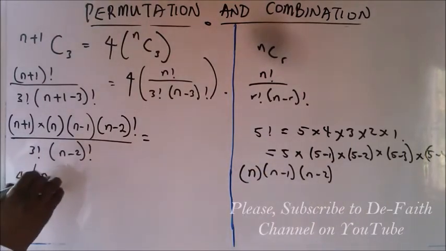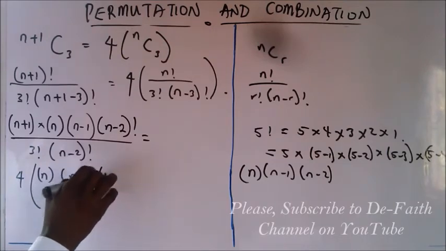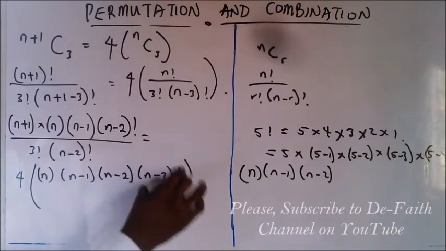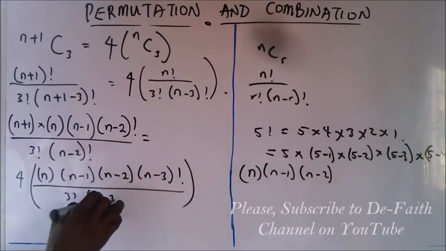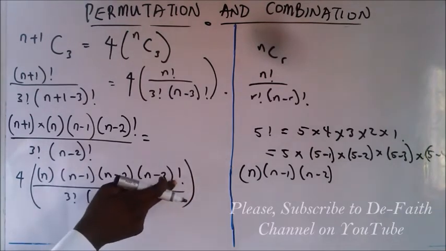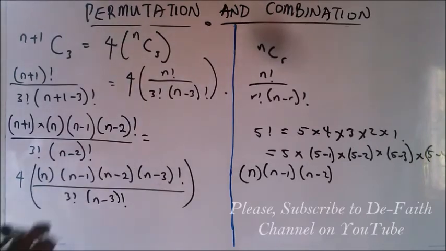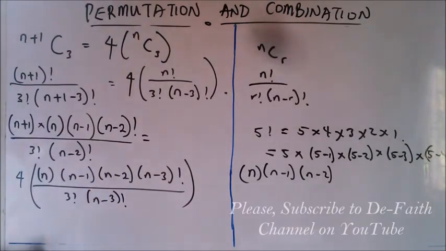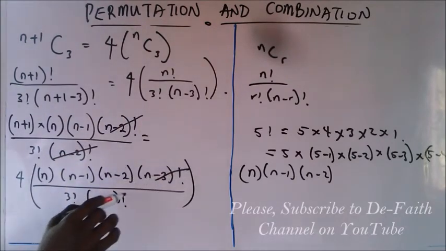So we have n times (n minus 1), (n minus 2), (n minus 3) factorial over 3 factorial, (n minus 3) factorial. Now this would have gone on, like you can see I have n minus 4, n minus 5, but we decided to stop here such that this and this will cancel out. And so from here, this goes with this and this goes with this.